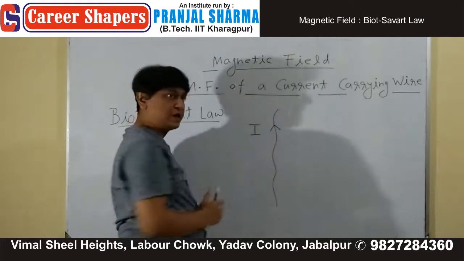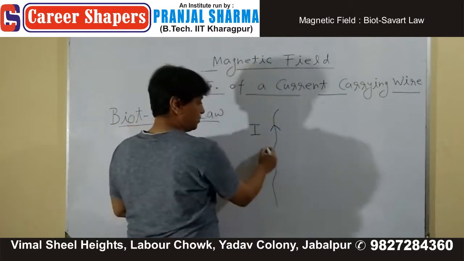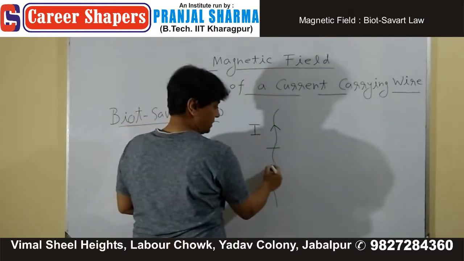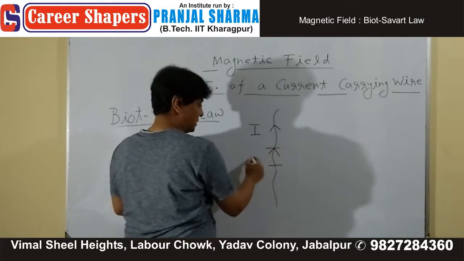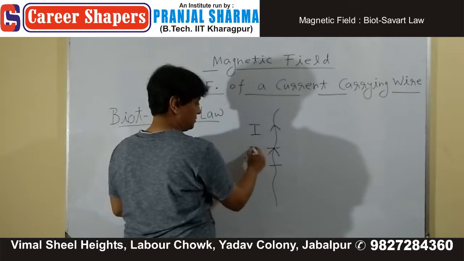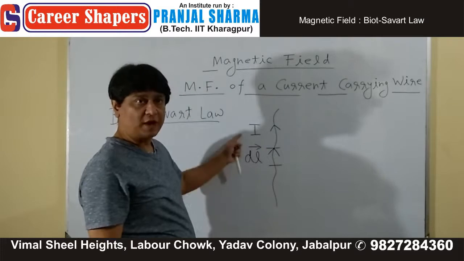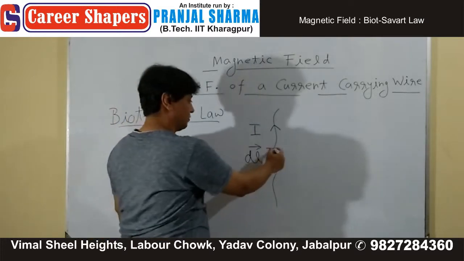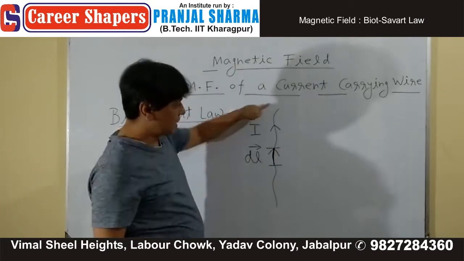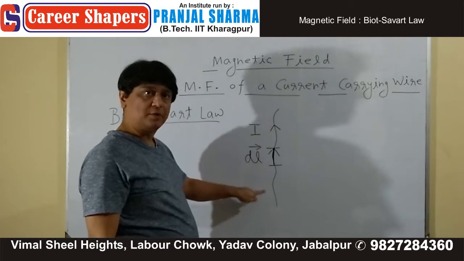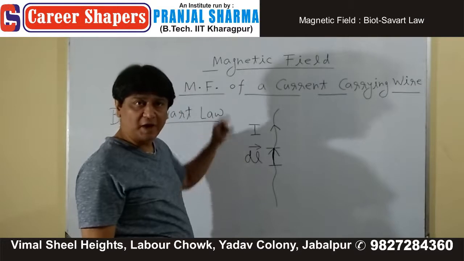If you have a current carrying wire, look carefully and take a very small segment dl. Look at this dl vector. This wire has an irregular shape. So when you take a small segment dl, it will become a straight segment.